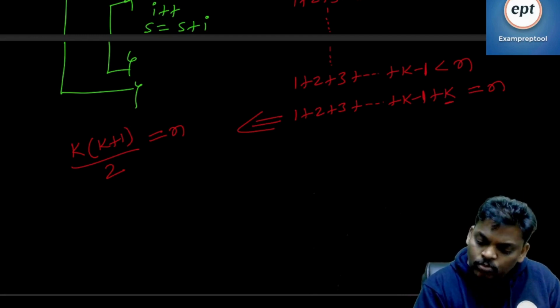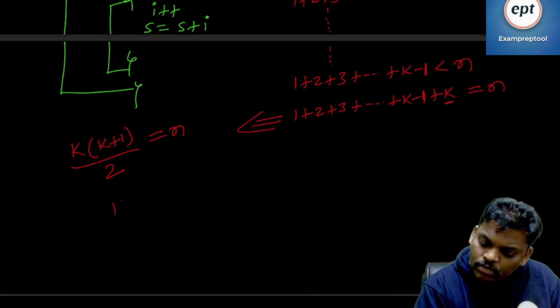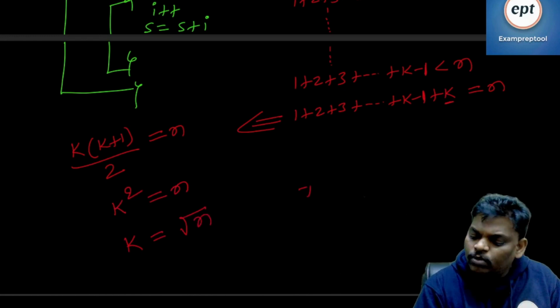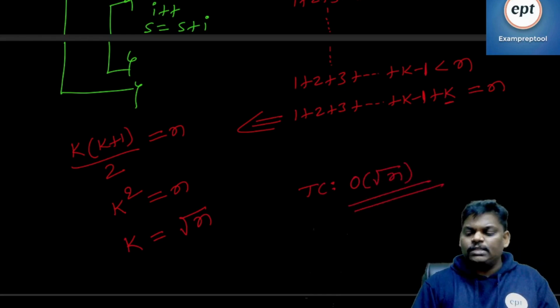Forget about small constants. This is almost k square is equal to n. This is almost k is equal to root n. So the time complexity of this program is order of root n. Big O of root n, order of root n, both are similar.